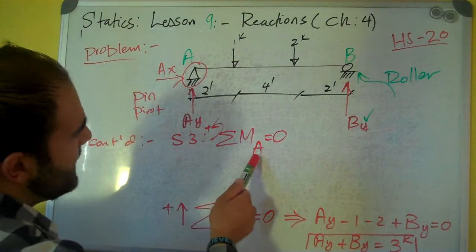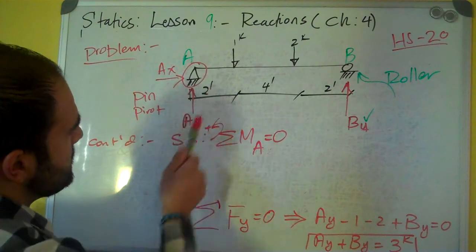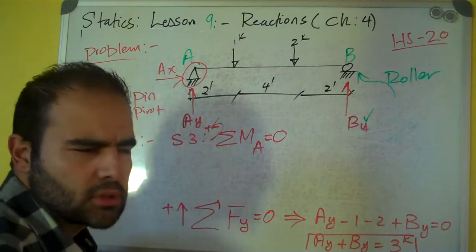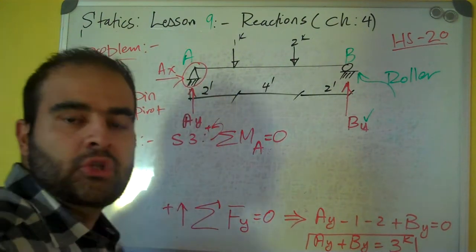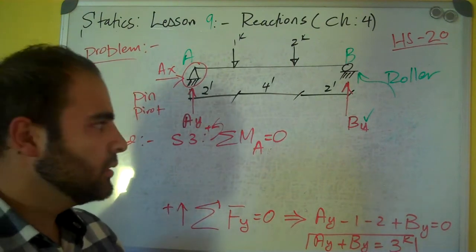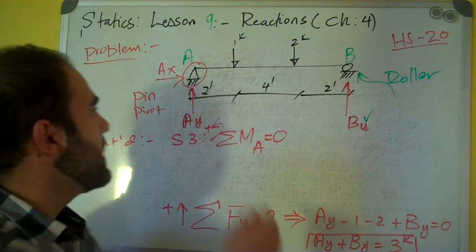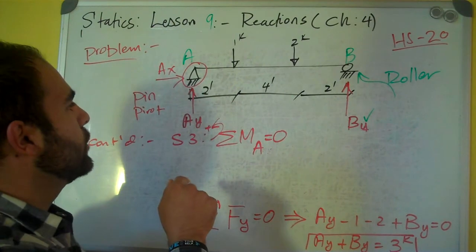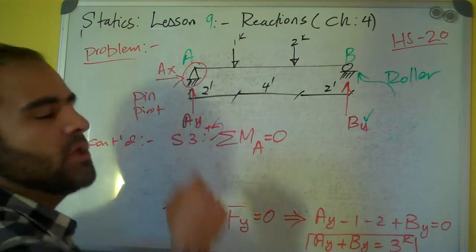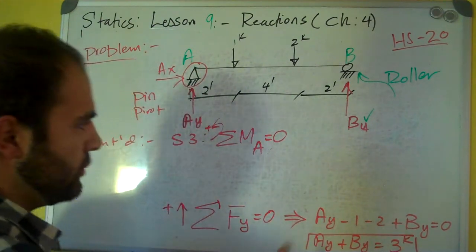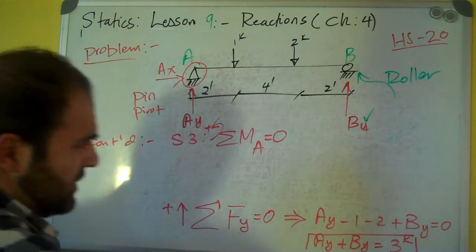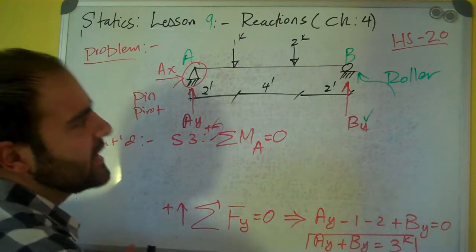Typically we sum the moment at the most number of unknowns. Why? Well, we need to reduce number of unknowns. Summing the moment at A, that will take care of AY, AX. So we'll be having just BY.